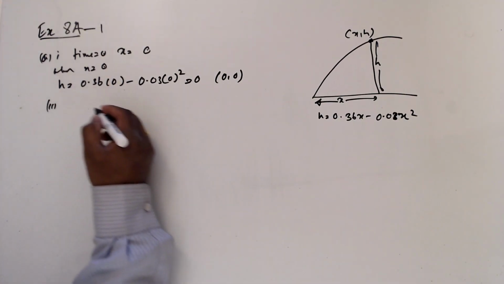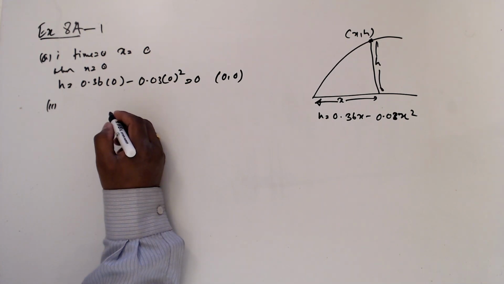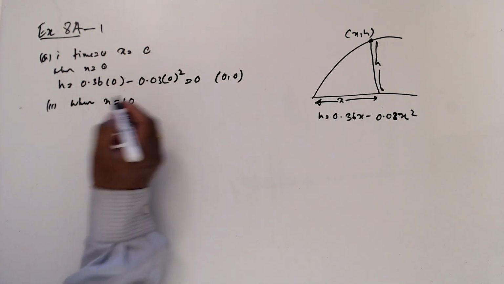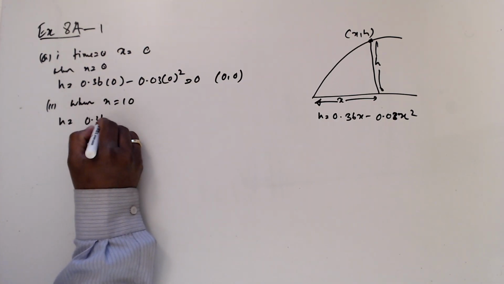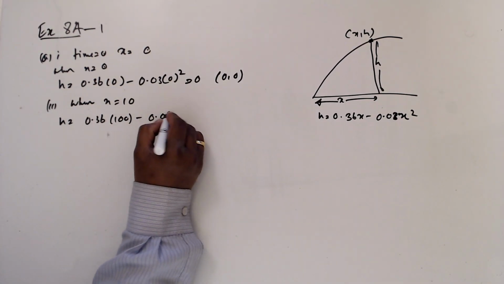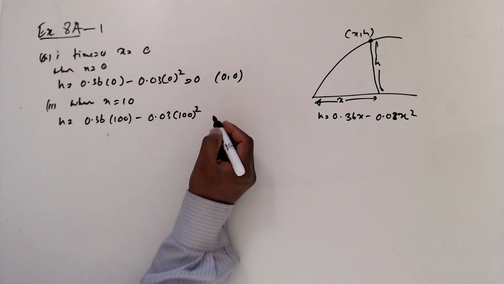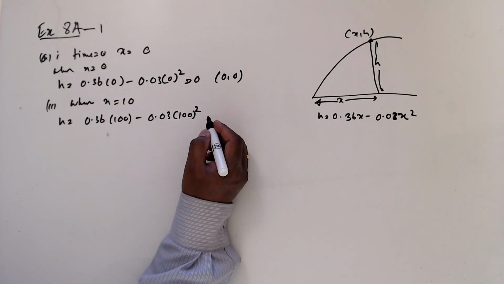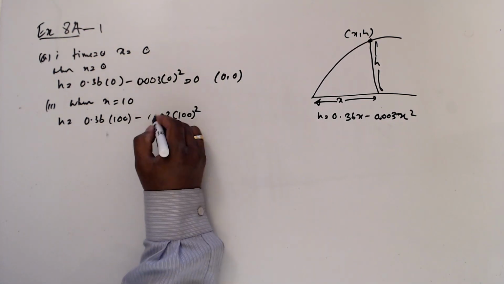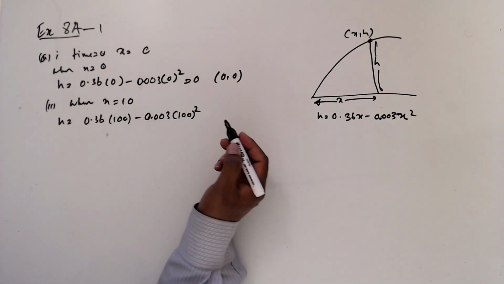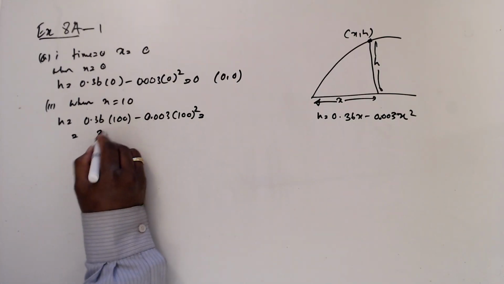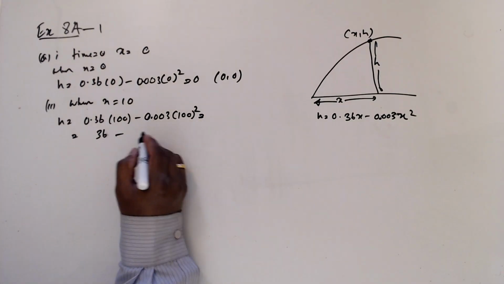And part 2, at the horizontal distance of 100 meters. So when x equals 100, then h equals 0.36 times 100 minus 0.03 times 100 square. So this is going to be 36 minus 30.